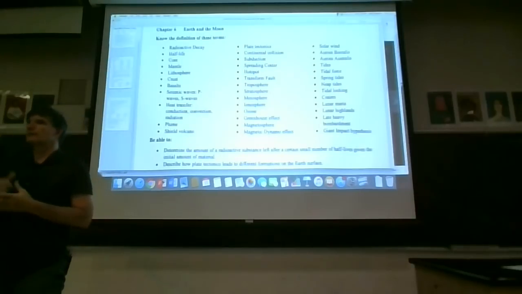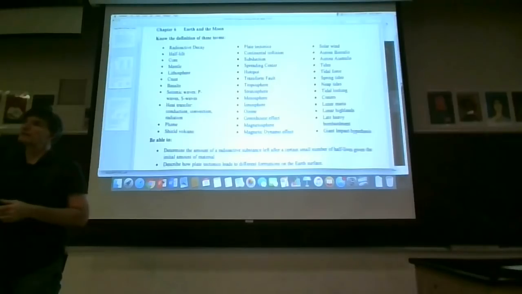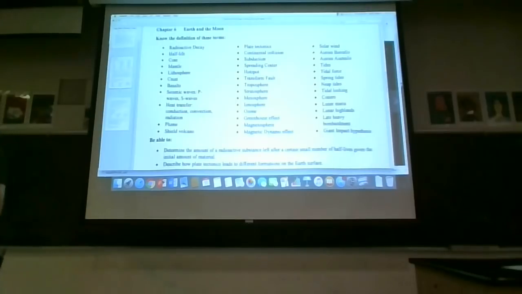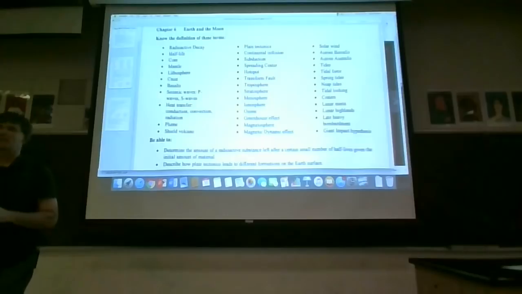It has some other stuff in it too. Basalt is typically dark. If you think about solid magma, magma that cools quickly forms a very dense thing called basalt.